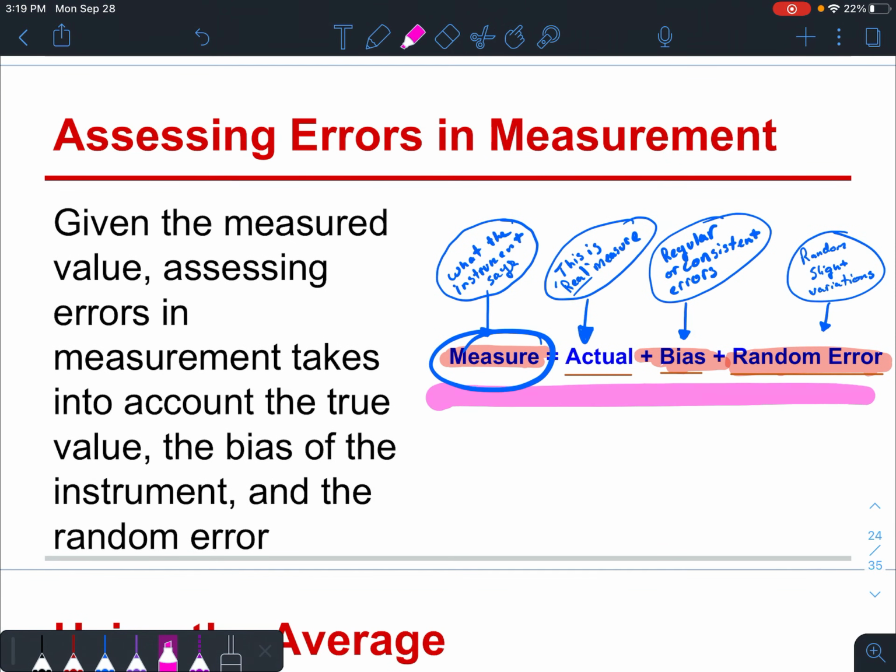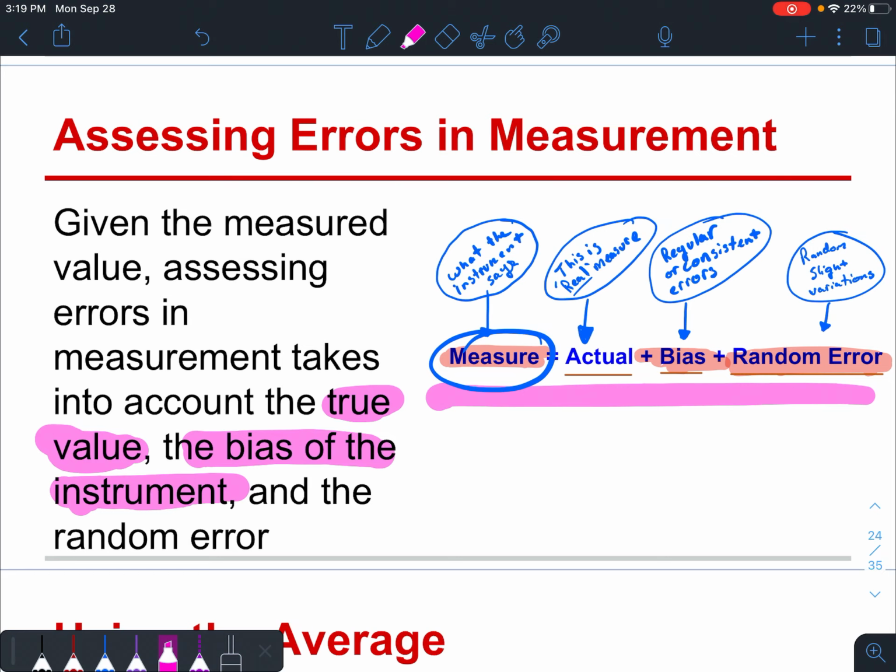How do you assess measures and errors in measurements? You can look at this in just a second, but a given measured value takes into account the true value. So there is an actual true value. Let's just use my weight, for example. I have a true weight that is out there. I don't necessarily get it exactly from the scale because there's bias and random error at play, but there is some true value. Then there's going to be plus or minus some bias in the instrument.